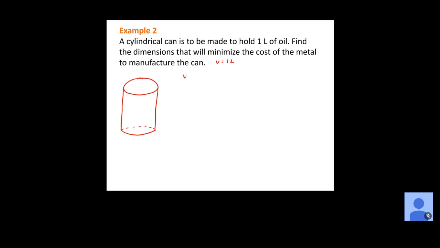So we're going to use volume equals pi r squared h, which means the dimensions we're looking for are the radius and the height, right? Those are the 2 things we're going to have to figure out this time. Well, that means in my picture here, I'm going to go ahead and put my radius on here. So the radius is going to be right here, and then the height of our cylinder is going to be over here. So those are the 2 dimensions we need to know.